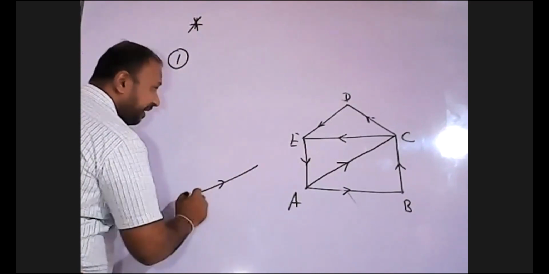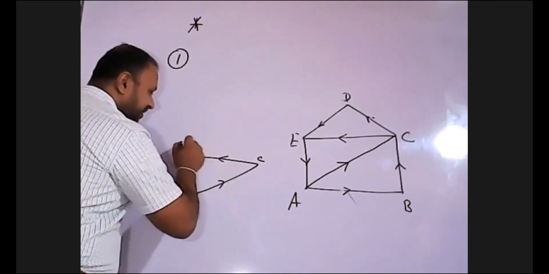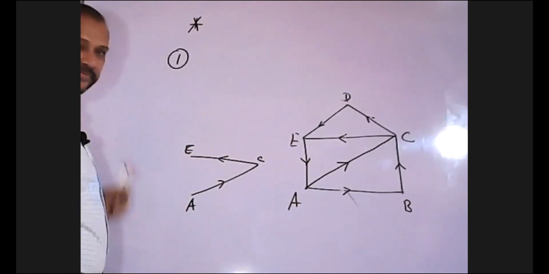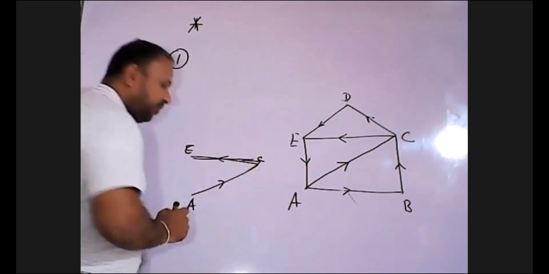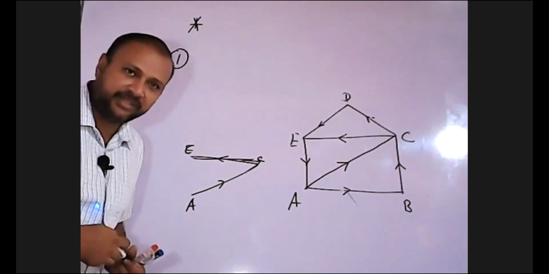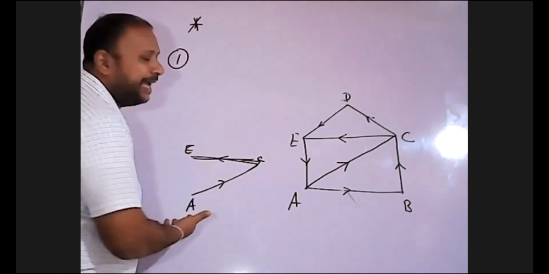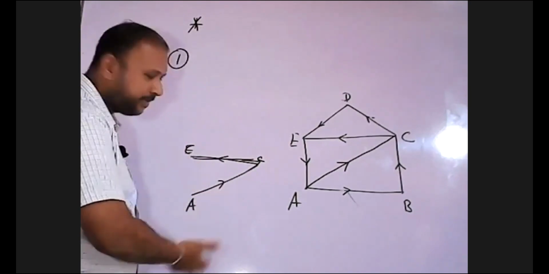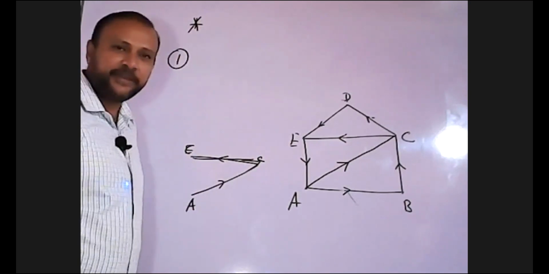One is AC, the other one is CE. Now you can apply the vector addition theorem to this figure. Vector addition theorem, vector triangle principle, and vector polygon principle are all the same.